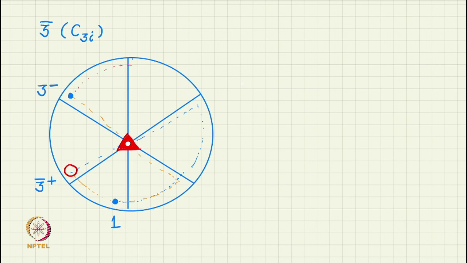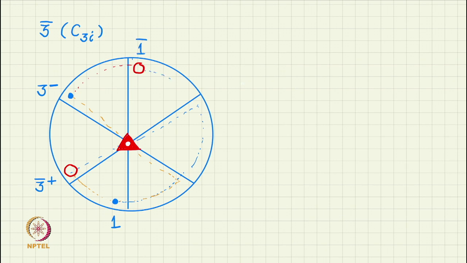So, the next operation brings you here, but you can see it is related to the original one simply by inversion in the center. So, we can note this to be 1 bar.